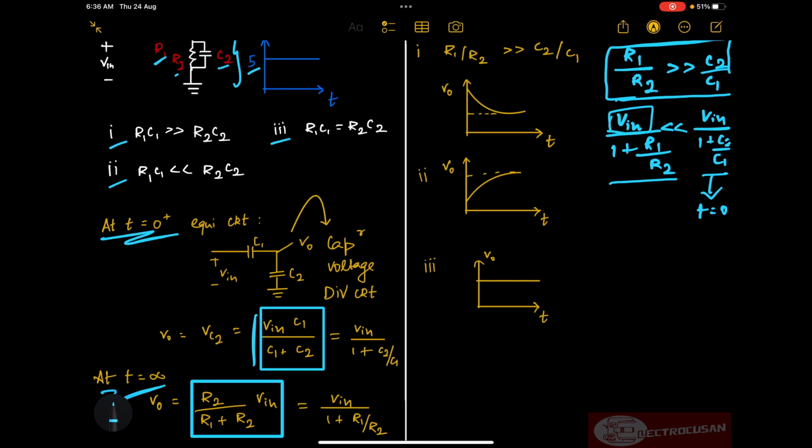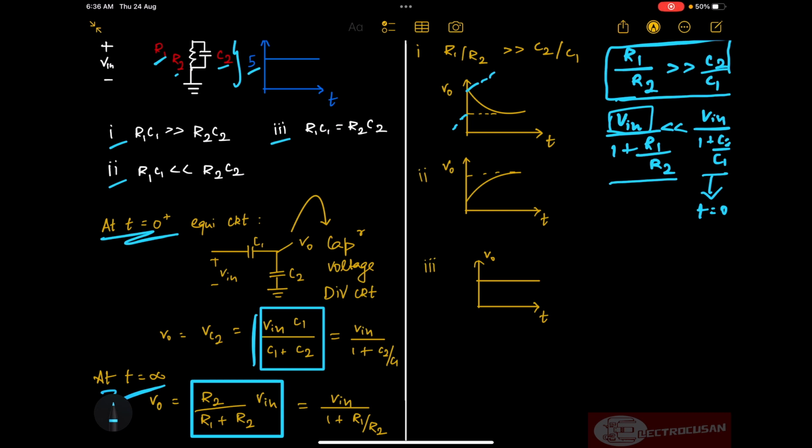At t equal to 0, the value is higher, and as time moves on, the value becomes smaller and smaller and reaches a constant value. I have assumed this to be the Vout at t equal to 0, and this value to be the Vout at t equal to infinite. So this decreases exponentially and reaches the constant value. This is the output waveform.